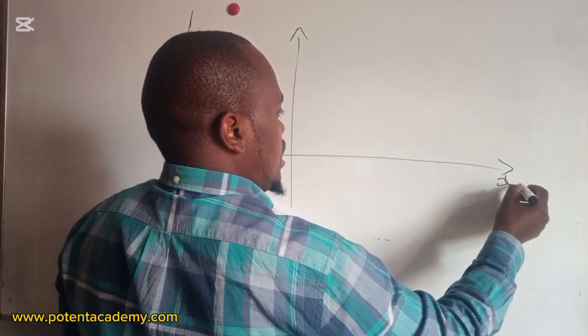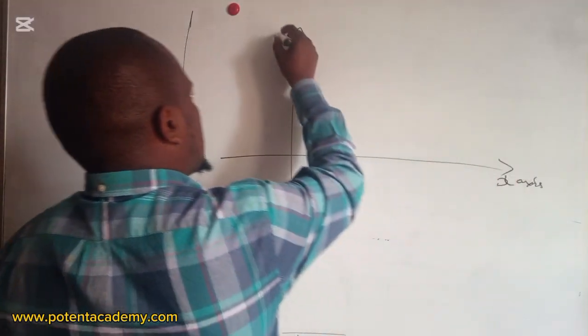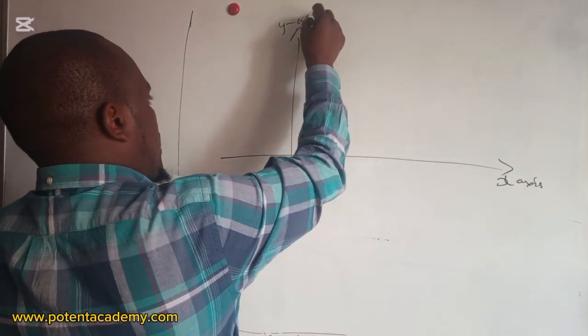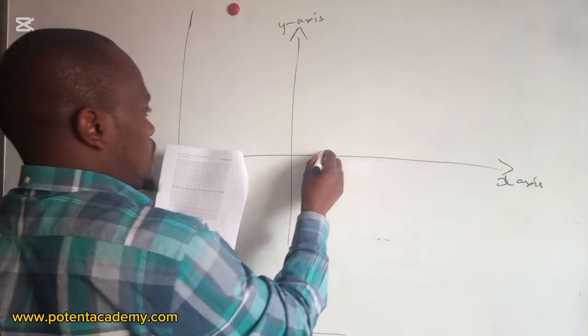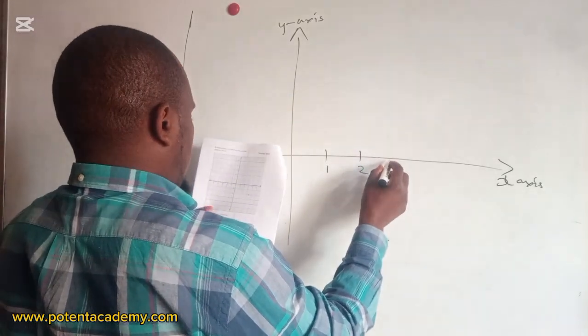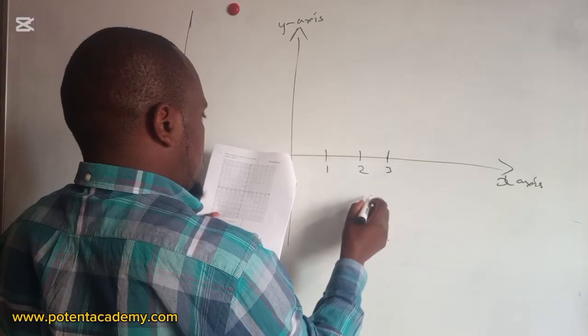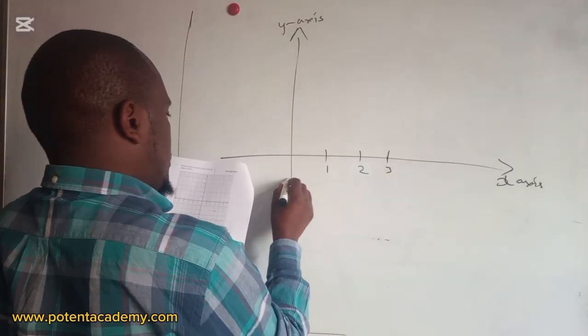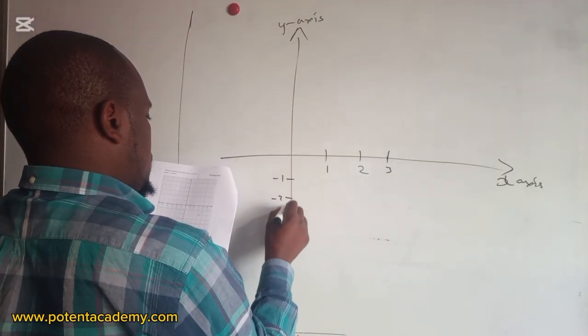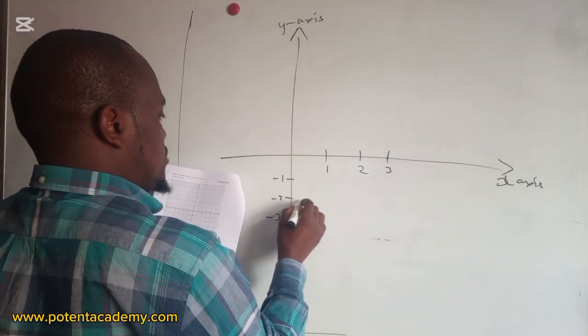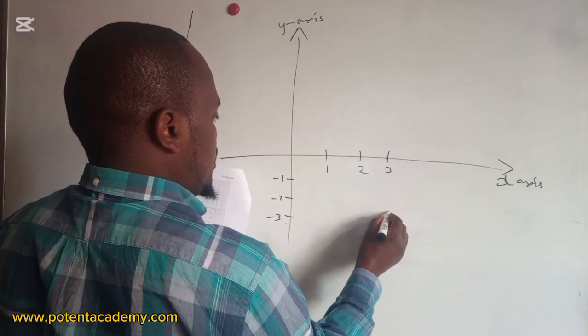This is the x-axis and this is the y-axis. So this is 1, 2, 3, at point 3, and then -1, -2, -3. At this point, this is -3 here.